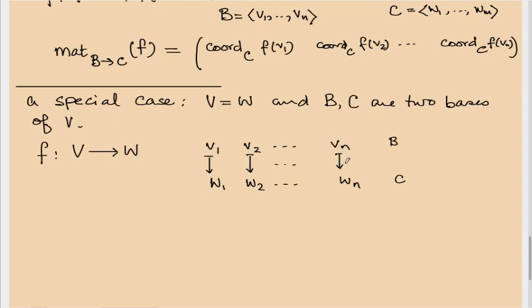So obviously, I know that the kernel of F is 0, that is, F is injective, and the image of F has dimension n, so F is surjective.